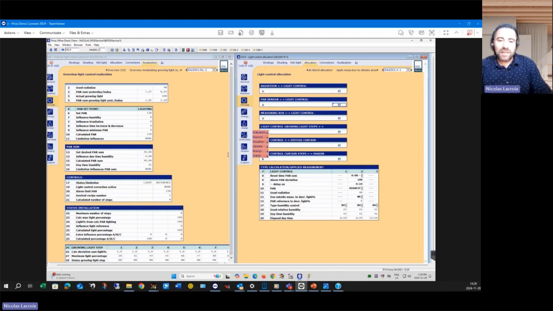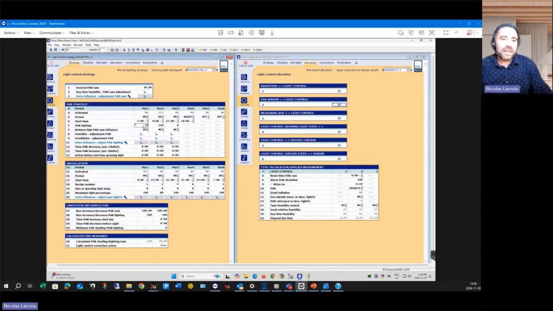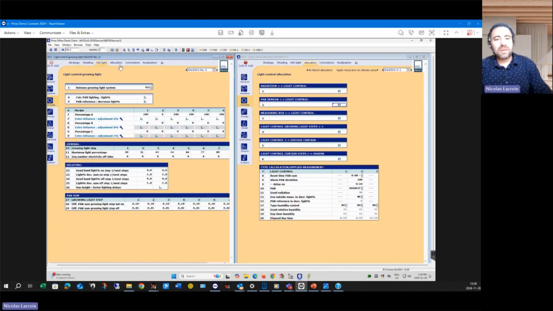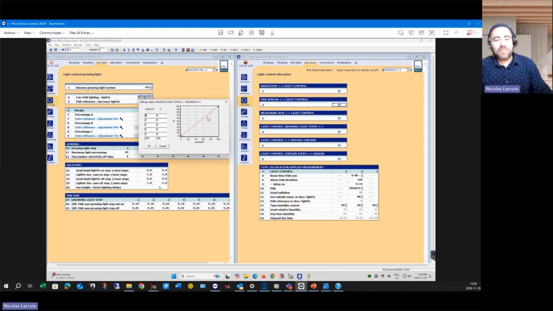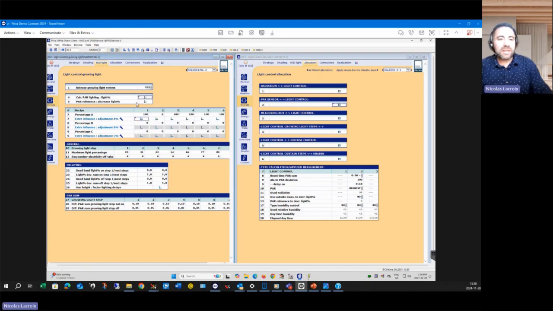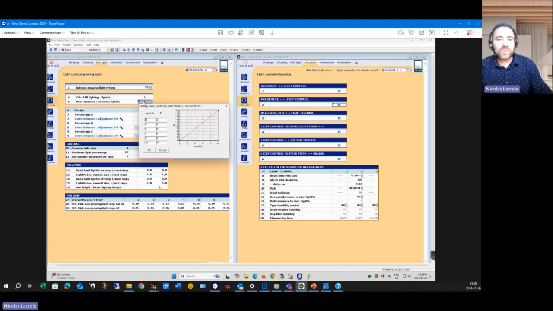So I will go forward with the rest. I still set my par lighting here. I have my table for my reference, and now par reference decrease light percentage. So depending on the difference between the measured and the control par, I can dim my light according to that.